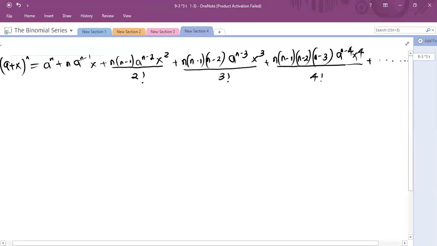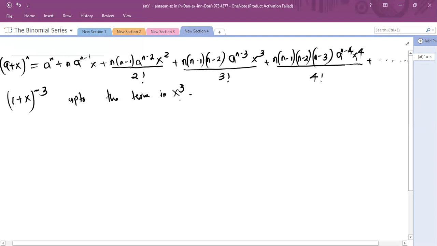Okay, so let's say you're told to expand (1 + x) raised to the power of negative 3 up to the term in x cubed. Since our n here is a negative number, as I said before, the expansion is going to be infinite, so it does not have an end.